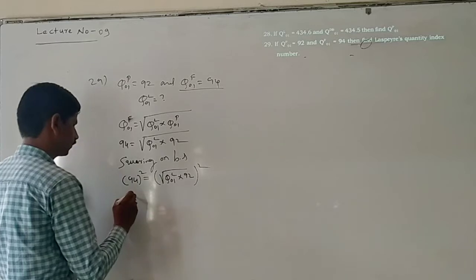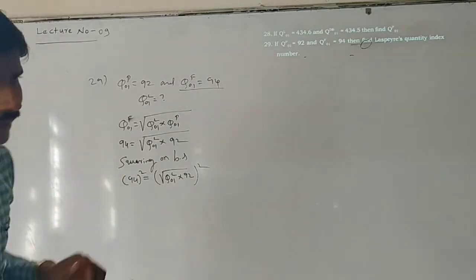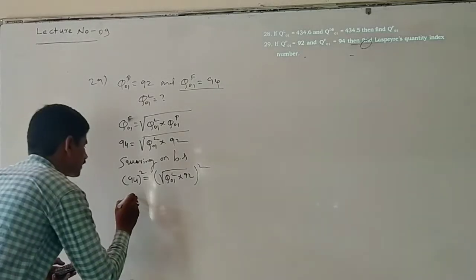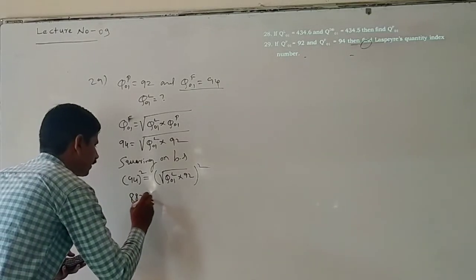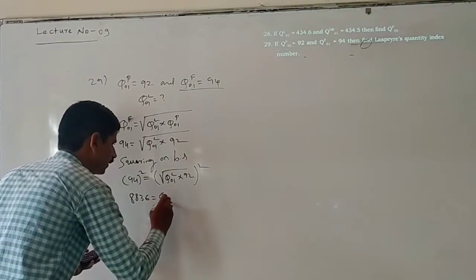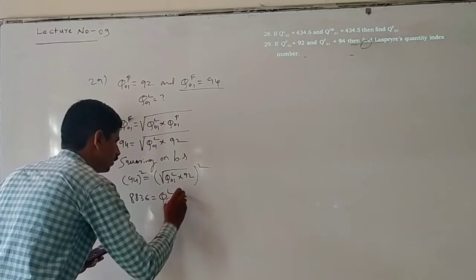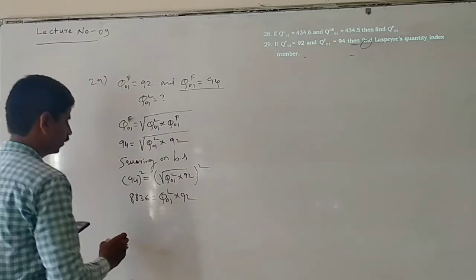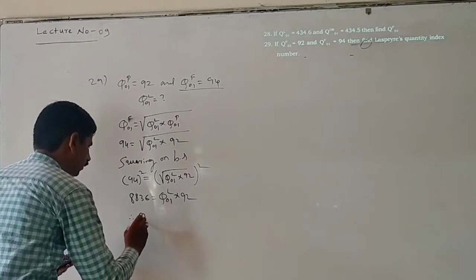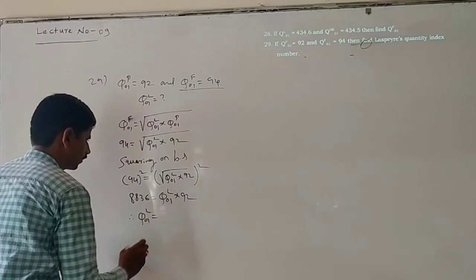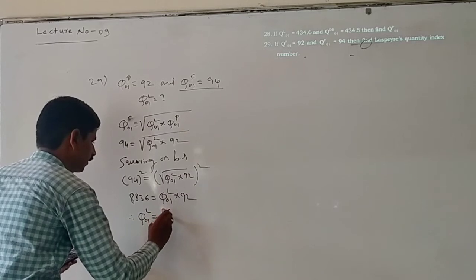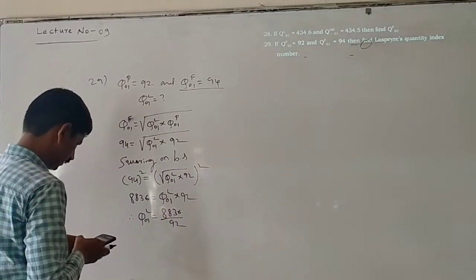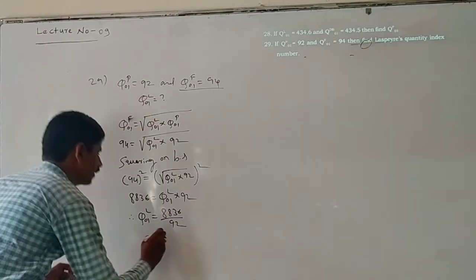Here 94 square is 8836, equal to Q01L into 92. Therefore, Q01L is 8836 by 92. Then we get 96.04.